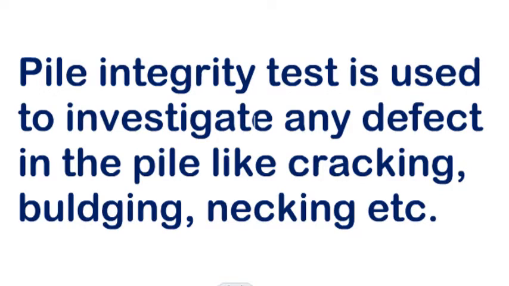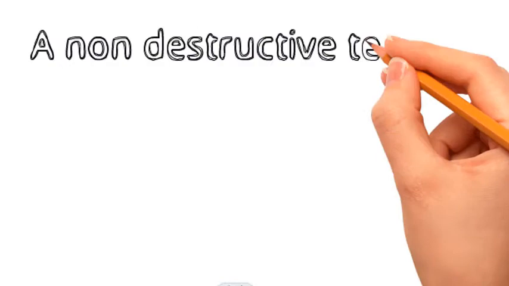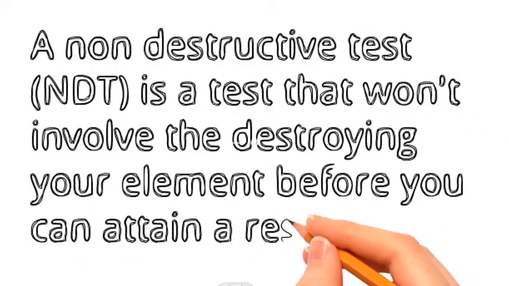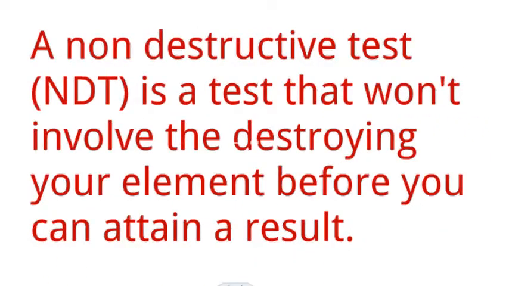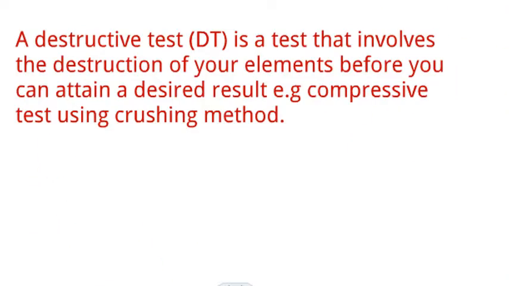The pile integrity test, the dynamic test, and the static test, the 3 of them, they are non-destructive tests. A non-destructive test is a test that you can carry out and generate a result without destroying your structural elements. Whereas a destructive test is a test that you cannot generate a result of your test without destroying your elements.